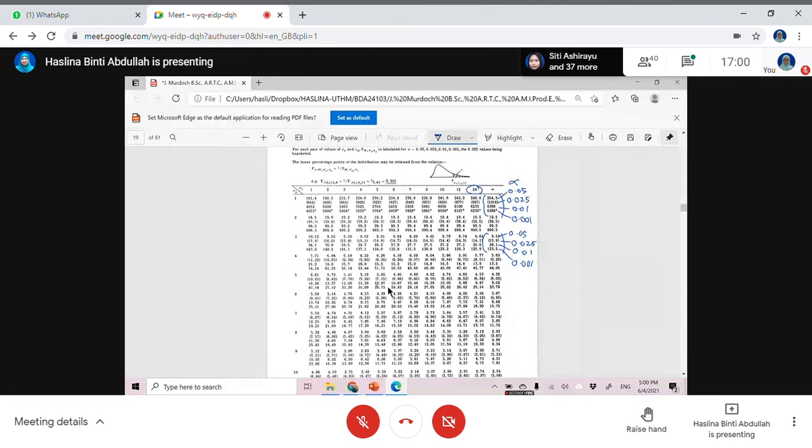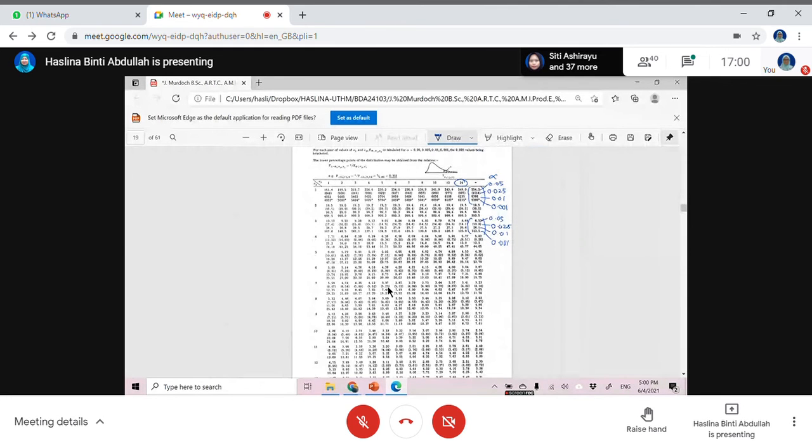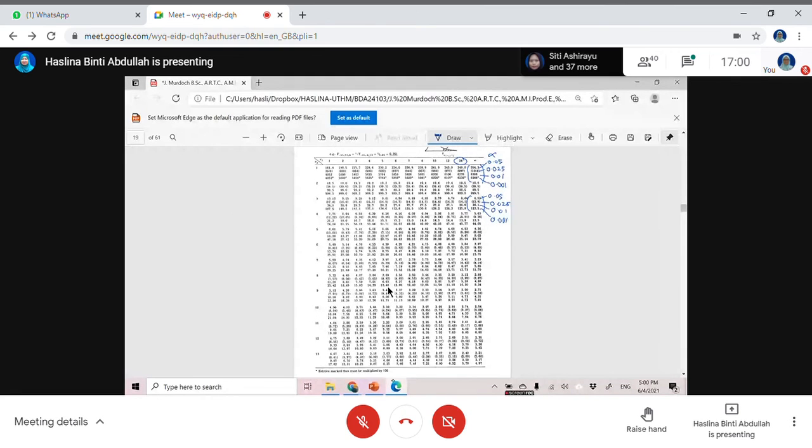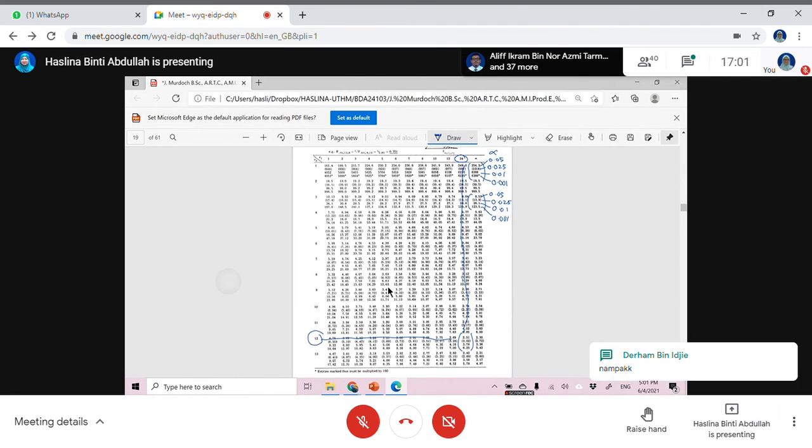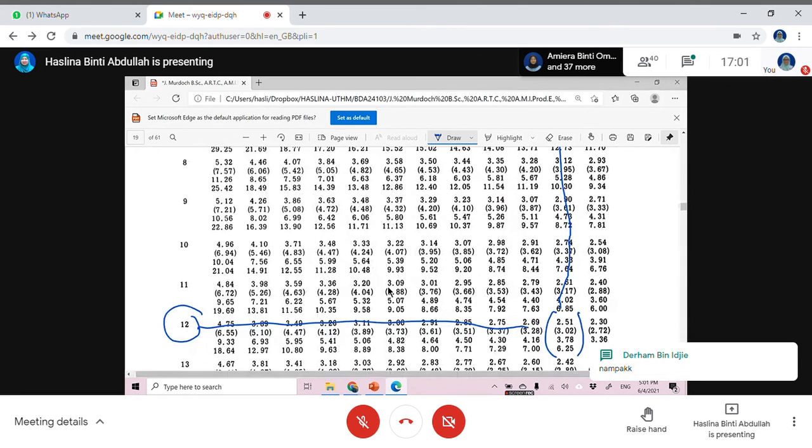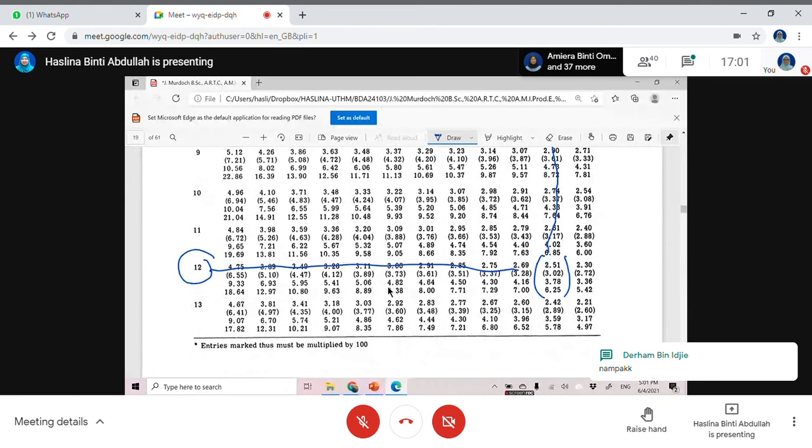So saya kecilkan sikit. Sekejap saya kecilkan sikit, 12. So you just draw a line. Yang intersection ni adalah merujuk pada kat sini. Yang saya bracket ni awak nampak tak? Nanti saya zoom. Nampak tak? 24 and 12. Yang tu clear tak? Clear, clear. Okay, so saya zoom this one.